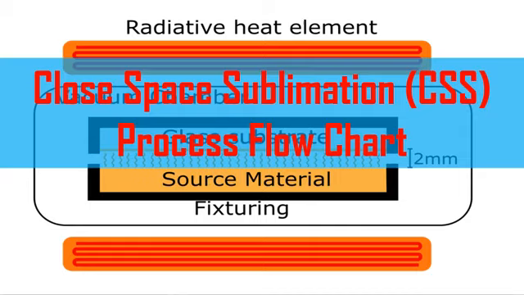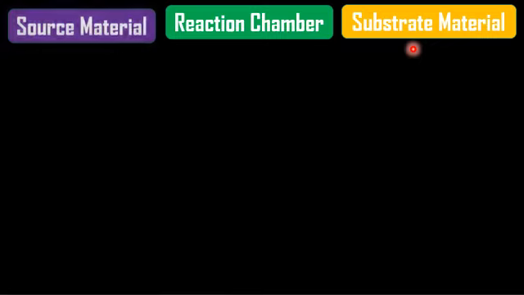Dear student, as you know, the closed space sublimation system consists of a reaction chamber. Inside the reaction chamber there is a substrate holder in which a substrate is fixed as a substrate material, and the closed space sublimation reaction chamber also consists of a precursor holder or a sample holder, which is known as a target holder, in which a source material is present.